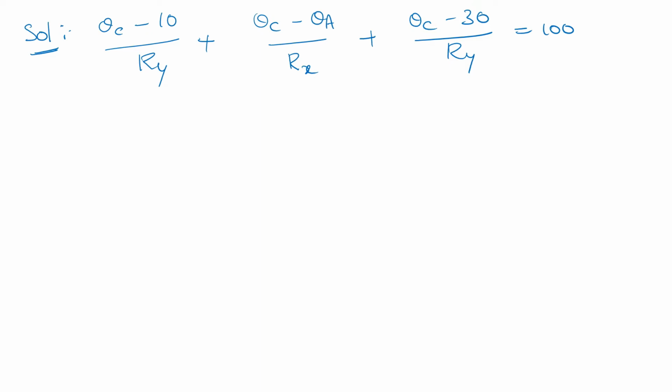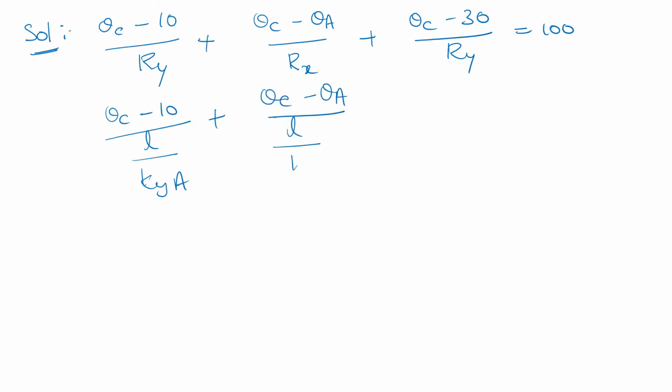Now, (theta C minus 10) by L by KyA plus (theta C minus theta A) by L by KxA plus (theta C minus 30) by Ry, nothing but L by KyA, is equal to 100.